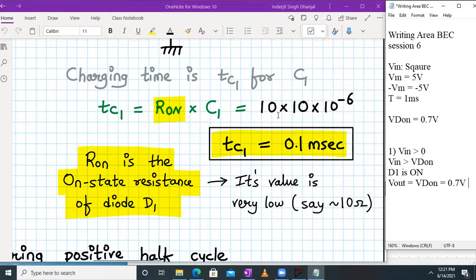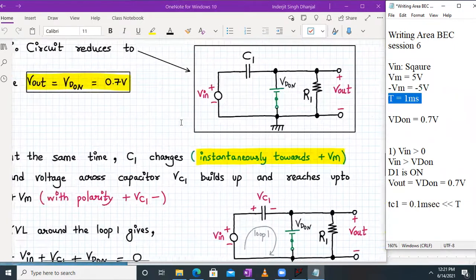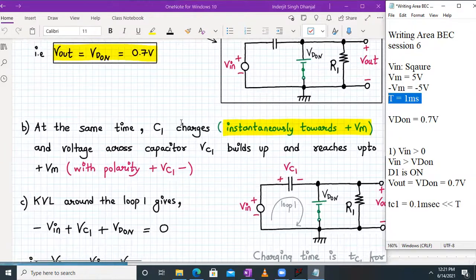If you multiply 10 by 10 microfarad, you get the charging time TC1 as 0.1 millisecond. And this 0.1 millisecond is much less than T, the time period of the signal, which is around 1 millisecond. So that's the meaning of the word: the capacitor C1 charges instantaneously.